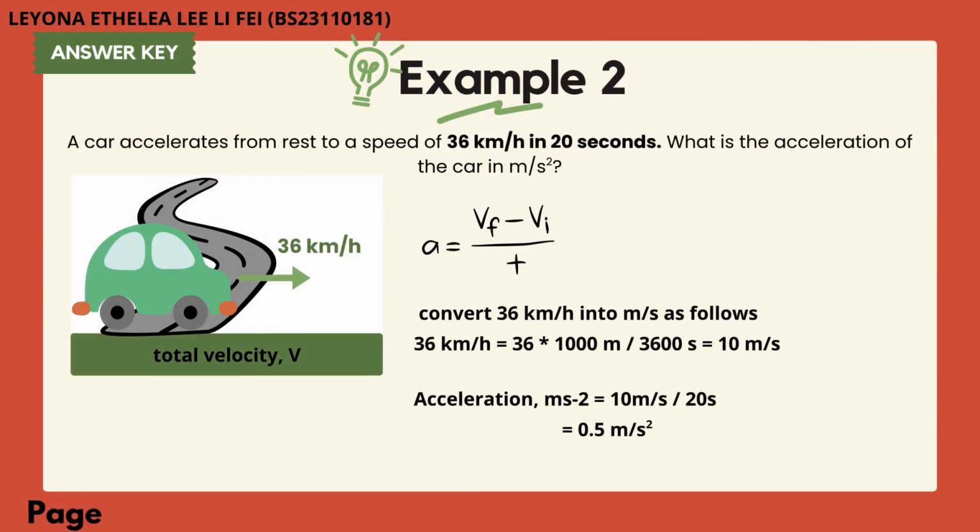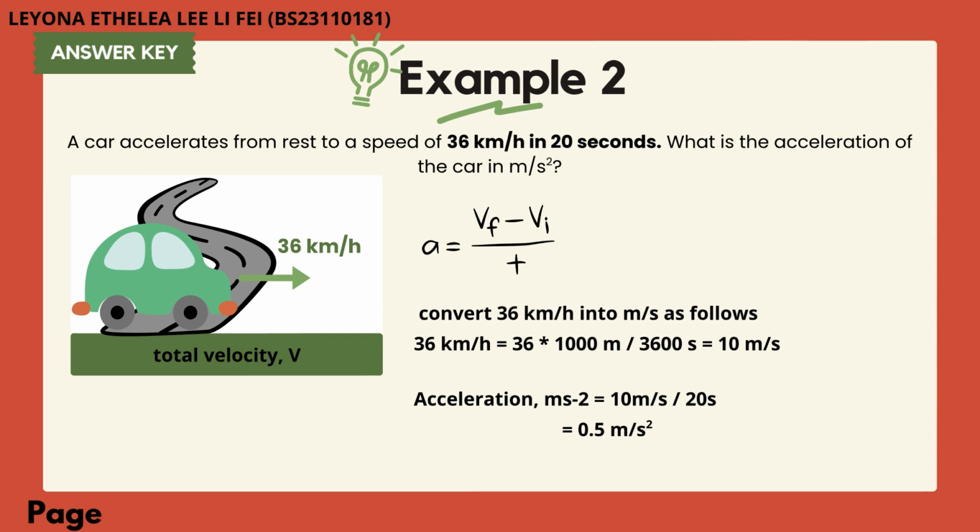The last slide is example 2: a car accelerates from rest to a speed of 36 km per hour in 20 seconds. What is the acceleration of the car in meters per second squared?